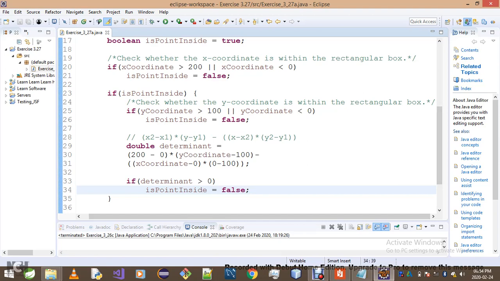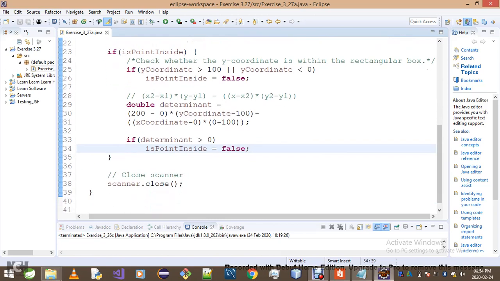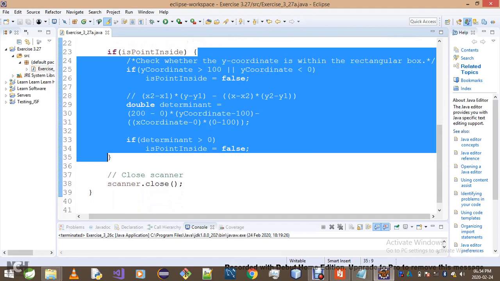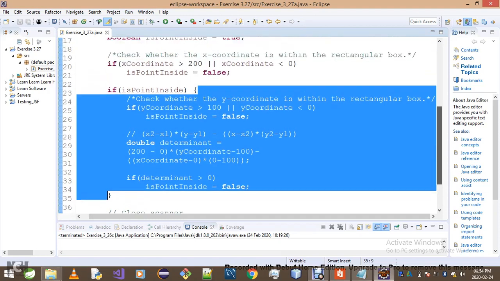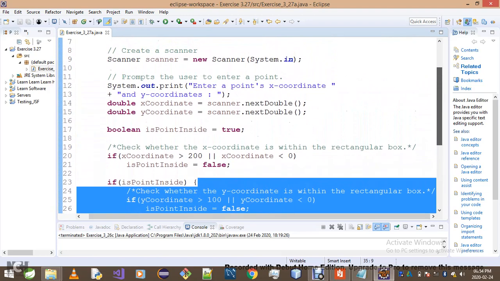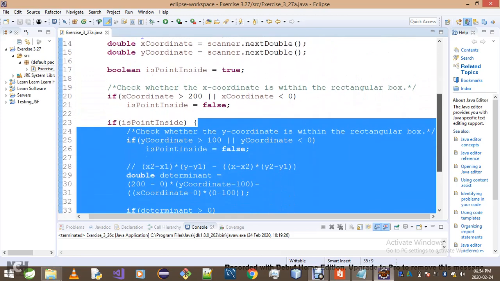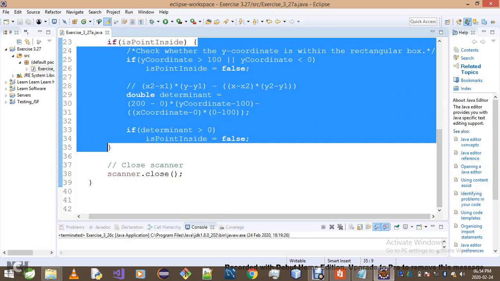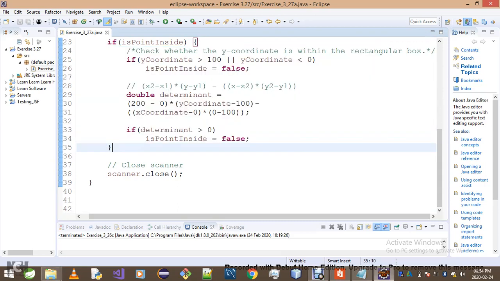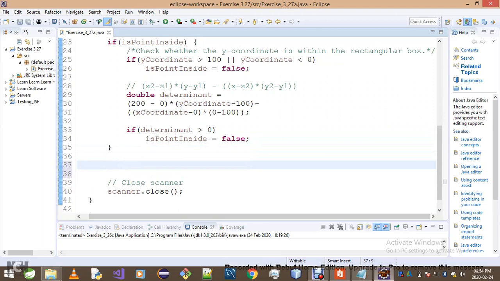Okay, what we then do, seems like we're done determining whether or not your thing is inside or not, right? So it is time to output our results now.